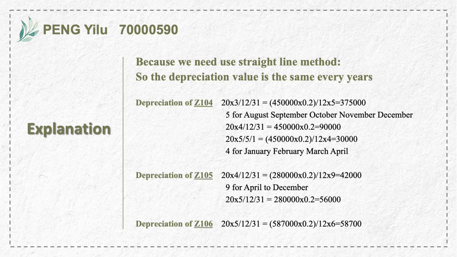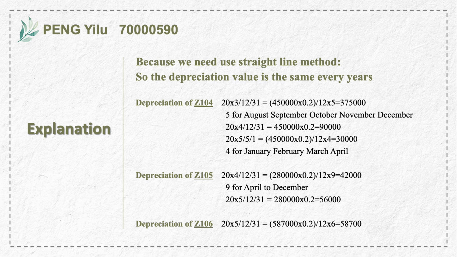At 1st May 20X5 it equals 450,000 times 0.2, divided by 12, times 4, which equals 30,000. 4 for January, February, March, and April.